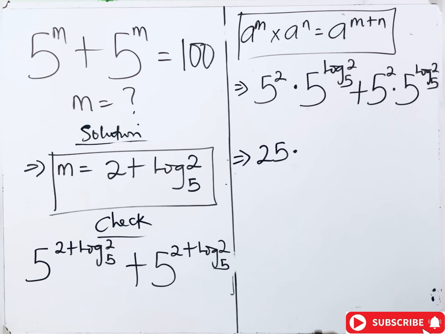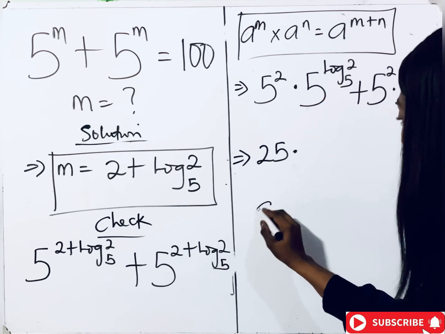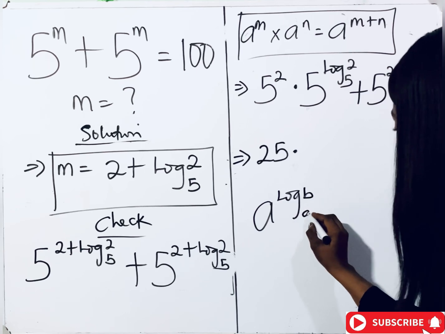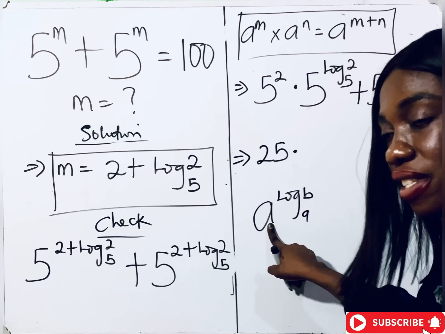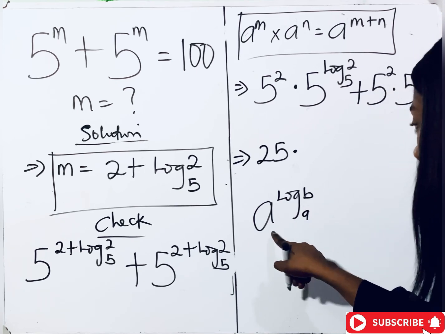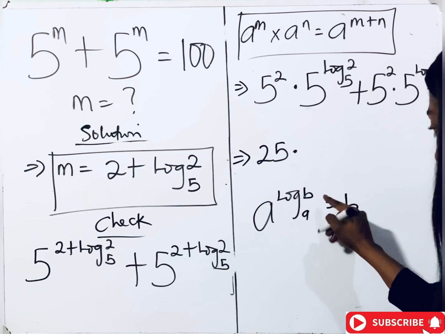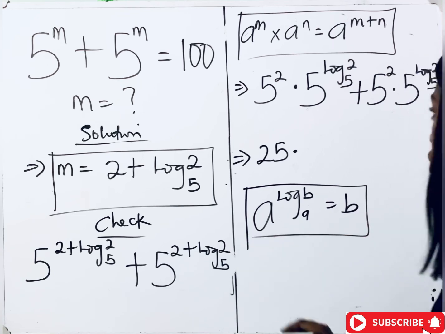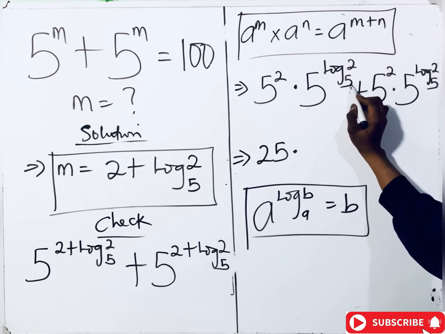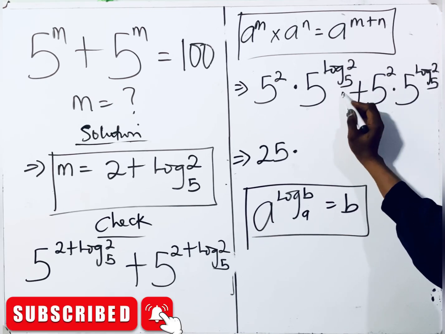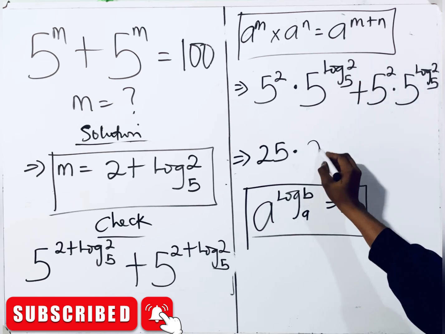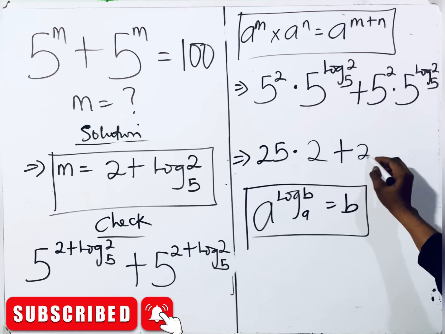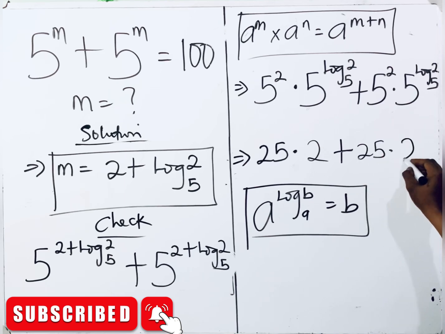The rule says that when you have a to the power of log of b base a, when the general base and the base of the log are the same, the value is always this number b. To apply this here, if you observe, you see that this is 5 and here is 5. So they are the same. It will give us 2. So we have 2.